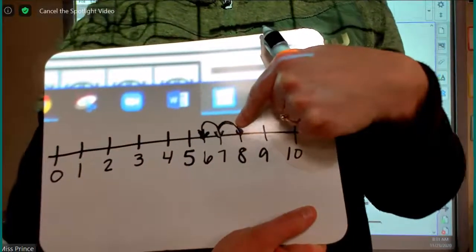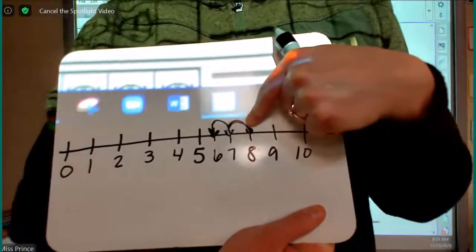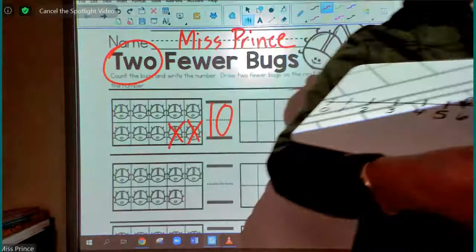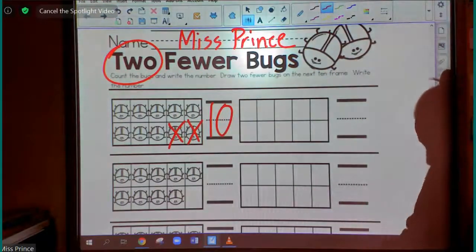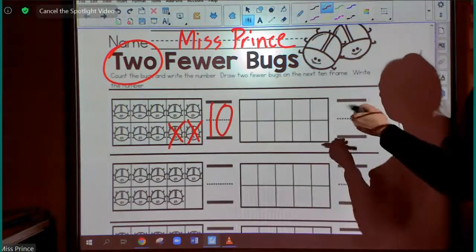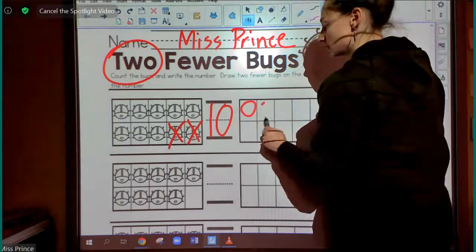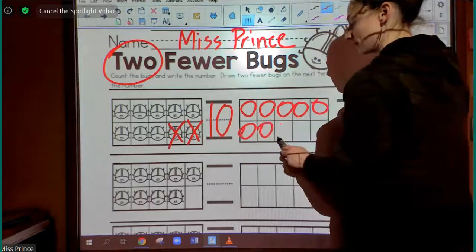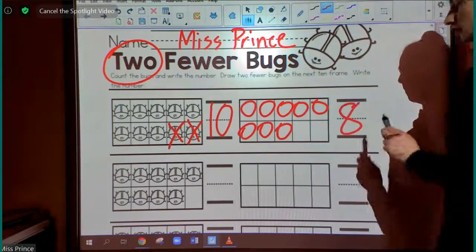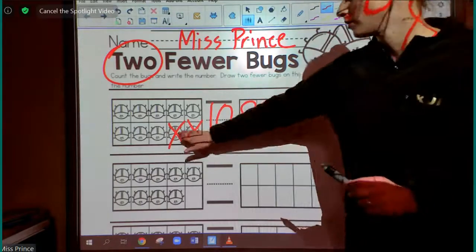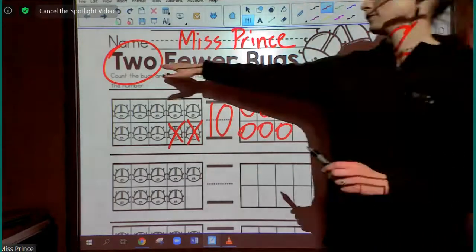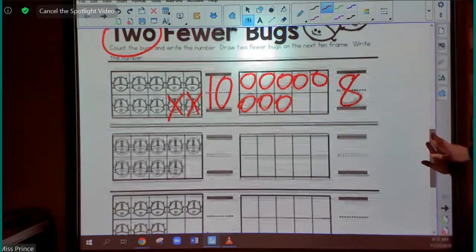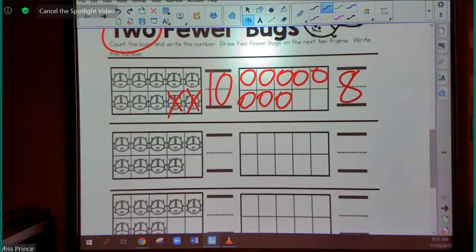How many am I going to draw? 8. Good job. So on my board here, I'm going to draw 8. 8. So look, it's missing 2. 2 fewer. So go ahead and do this on your paper.